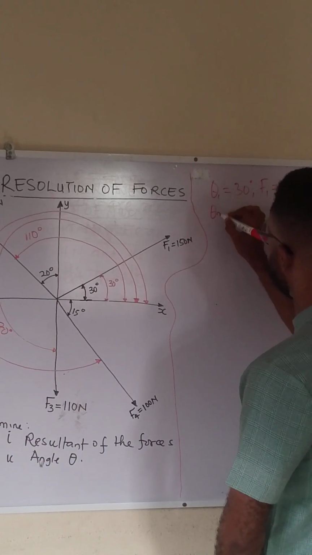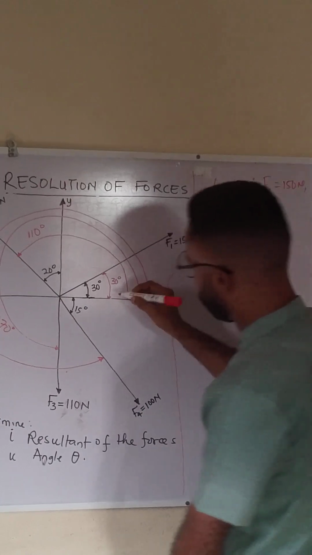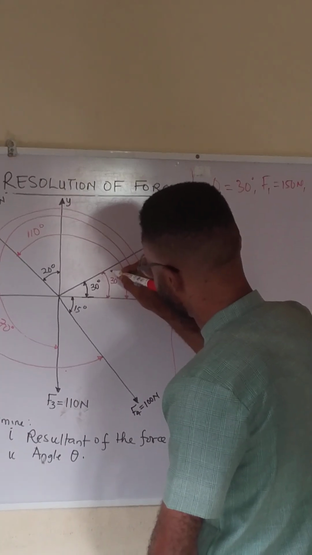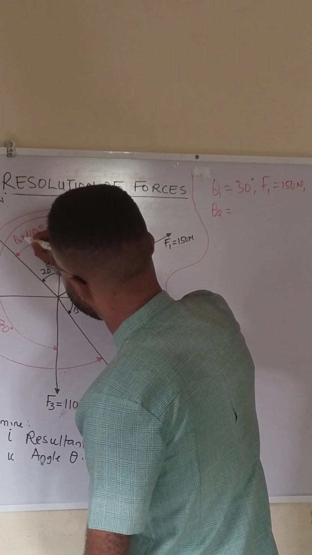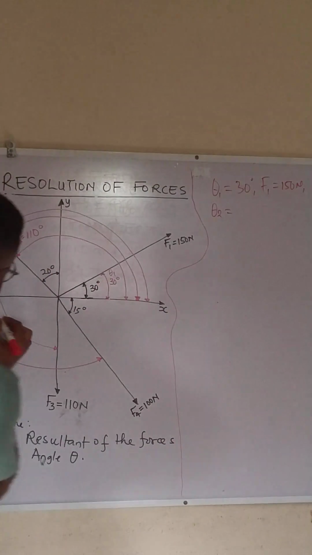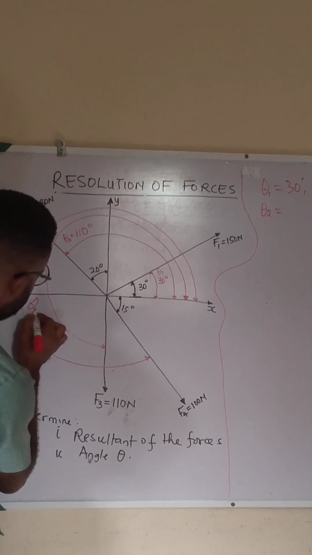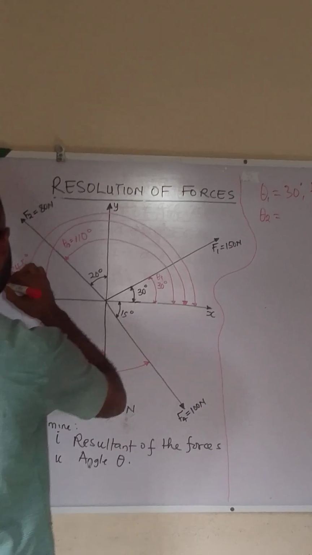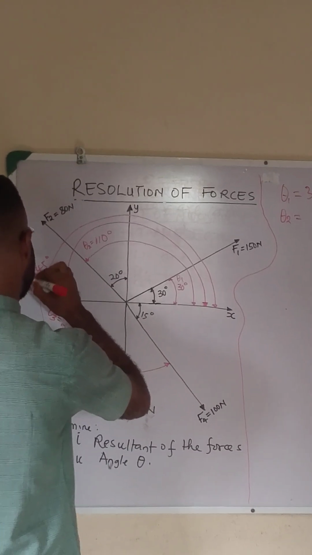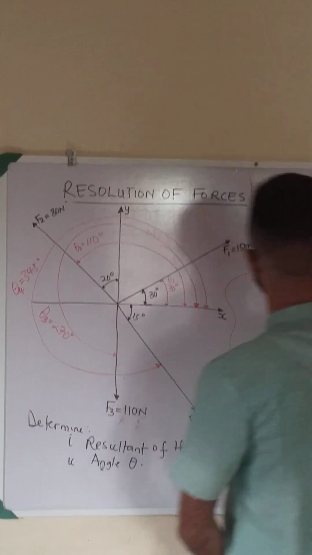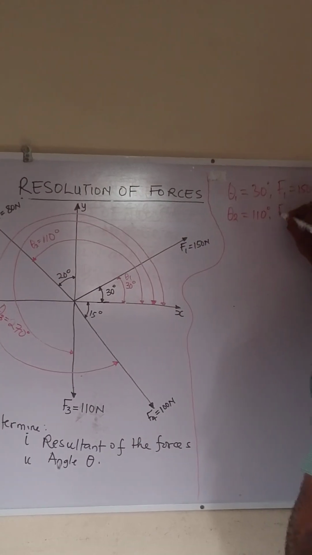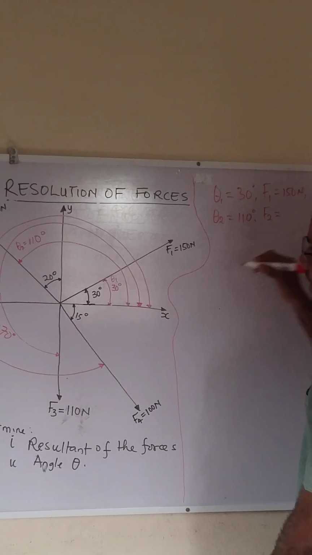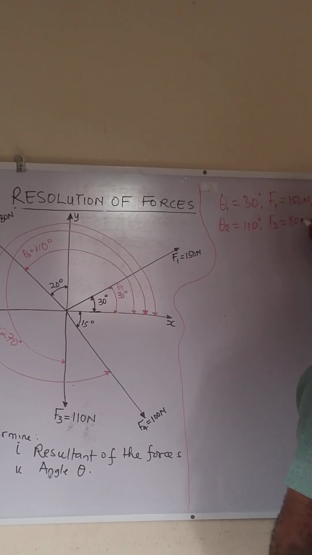This is theta 2, this one is theta 3, this one is theta 4. So our theta 2 is 110 degrees, and then our F2 is 80 Newton.